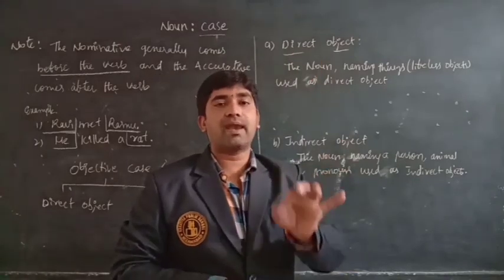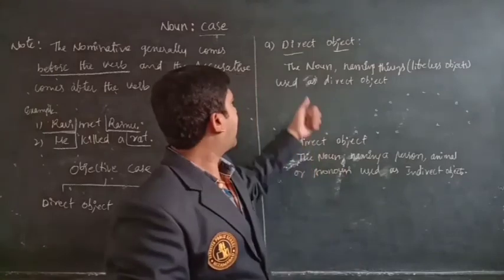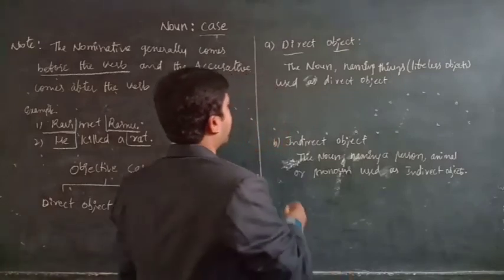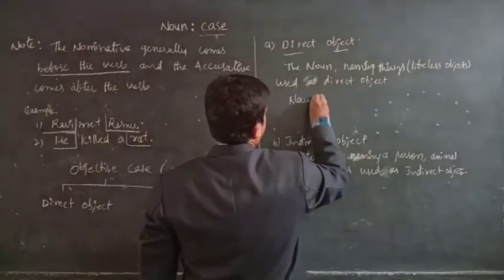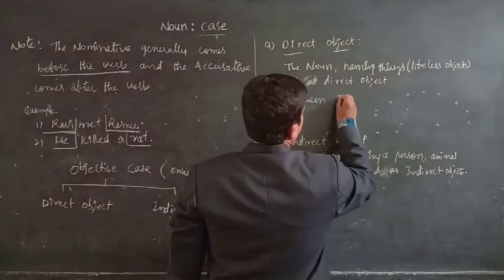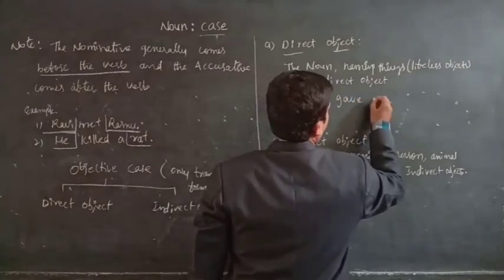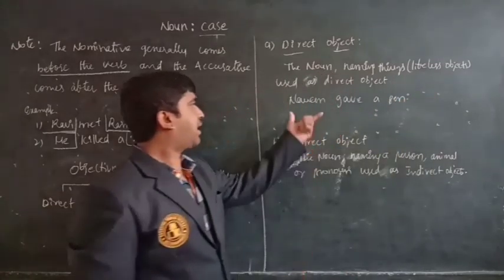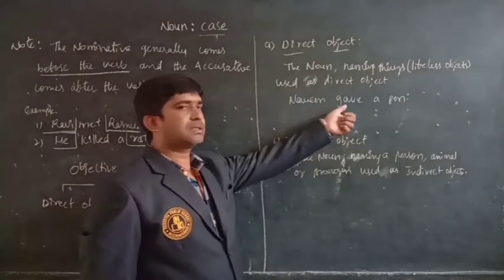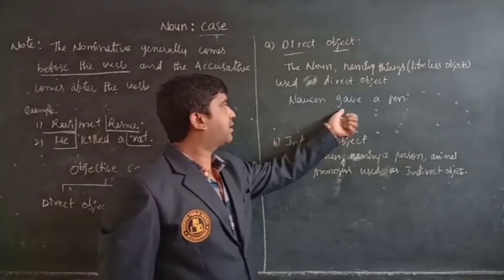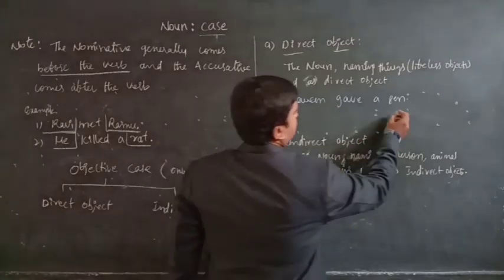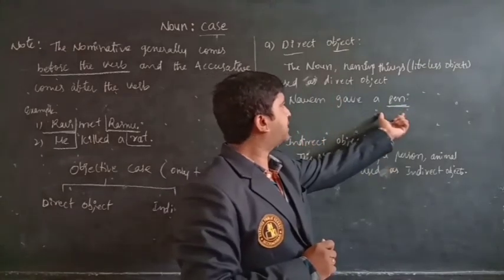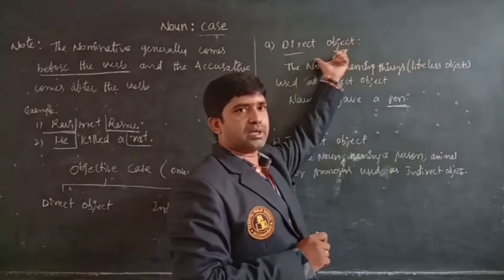For example, Naveen gave a pen. What did Naveen give? He gave a pen, and here the pen is the direct object.